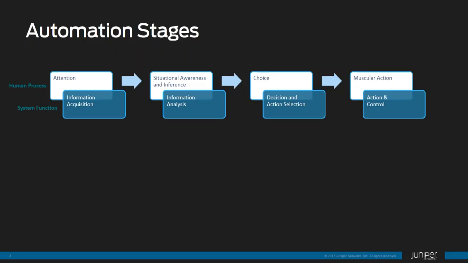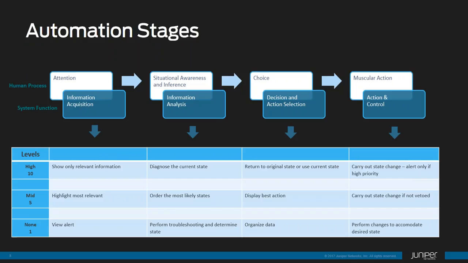And you can see here those particular mappings. And when we map those together with the levels, we can show how we can actually do things and what type of things can happen and what information we will get back. So if we get all the way up to a 10, we might not get a lot of information back, and sometimes it won't even tell us what's happening because we really don't need to know.